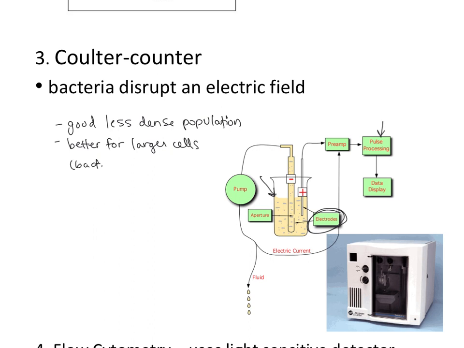Bacteria tend to clump, so that's going to affect your numbers, making them a little bit less accurate. And again, you can't tell if they're dead or alive. So that's another drawback. And we're getting a little bit more expensive than using a spectrophotometer or just a hemocytometer.